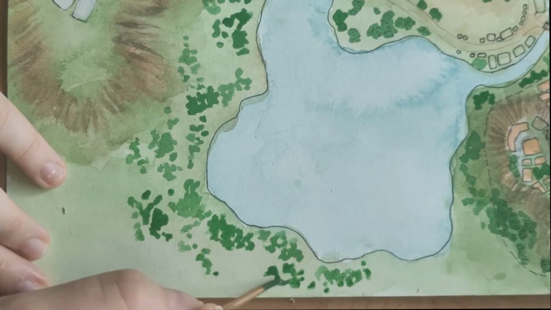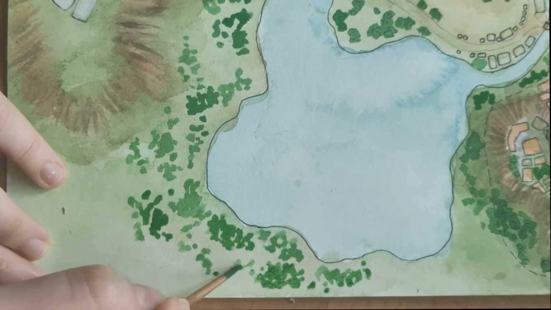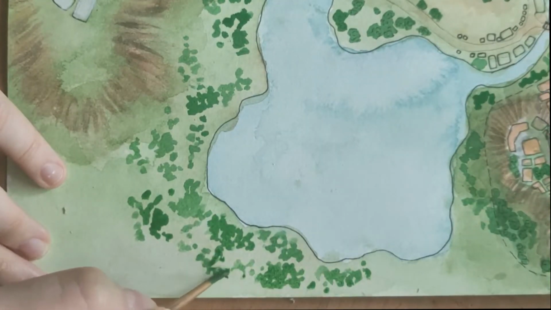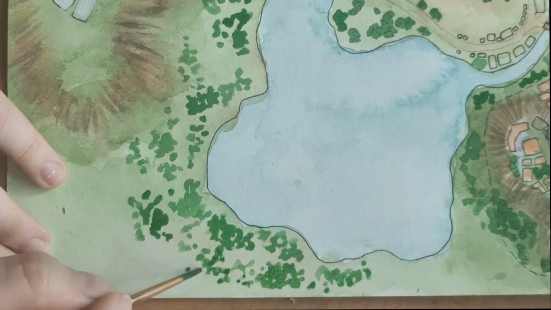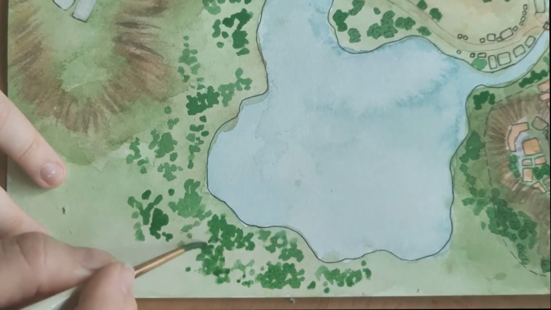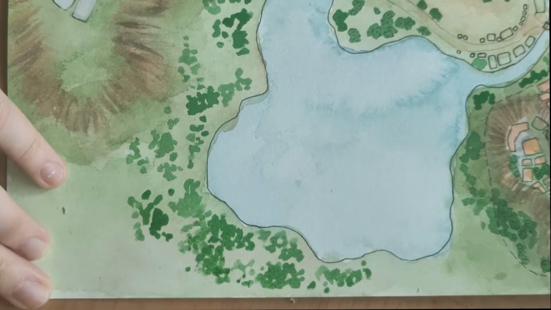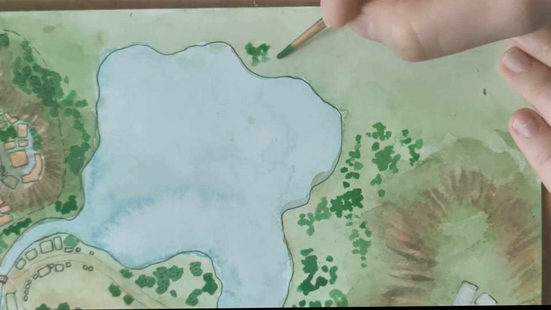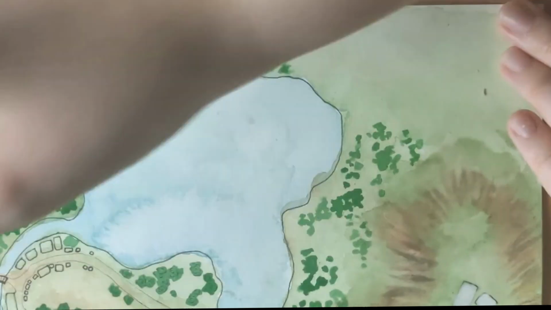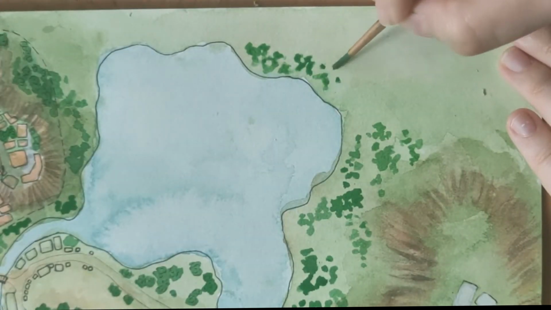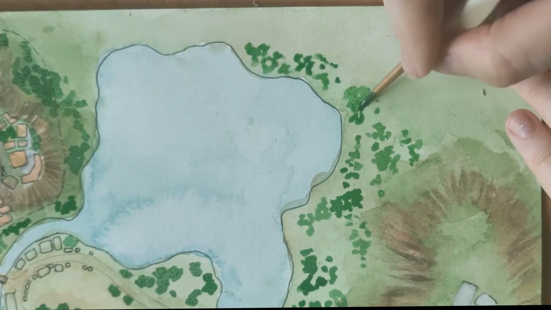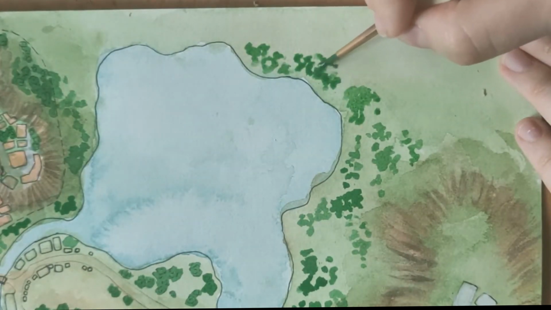So yeah, that's why it's facing a different direction than it is on the official maps. So if you've got a question about that, that's why. But yeah, I did attempt to give the buildings a reasonable size in comparison to each other. They're probably not very well to scale. I did my best.